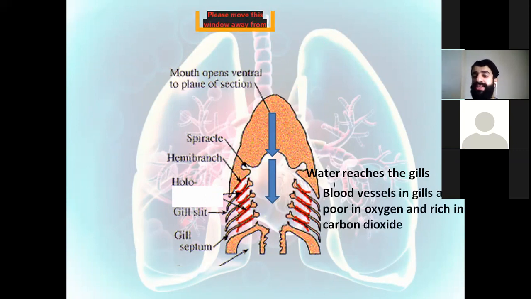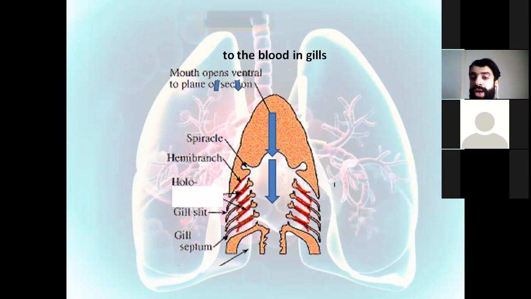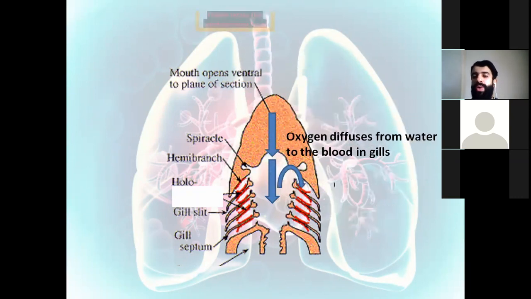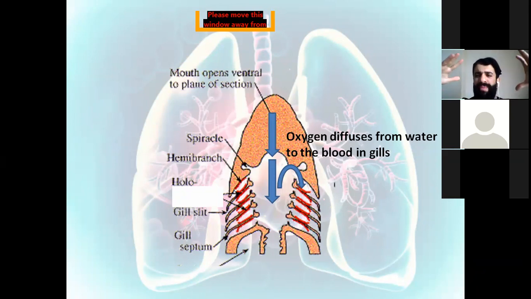Blood vessels in the gills are poor in oxygen, they have a low amount of oxygen, and they are rich in carbon dioxide. So oxygen will diffuse from the water, where we have a high amount of oxygen, to the blood in the gills, where we have a low amount of oxygen. Carbon dioxide, the opposite.